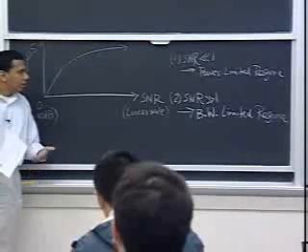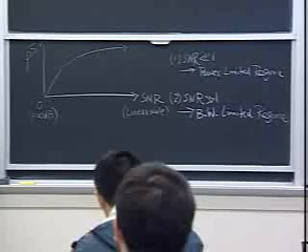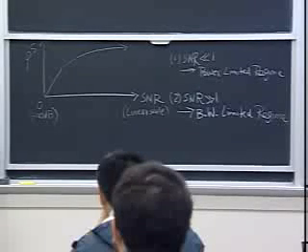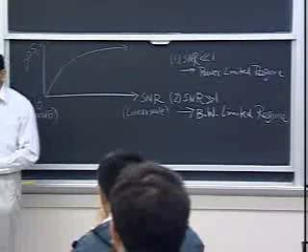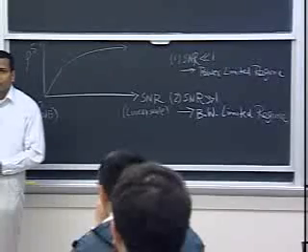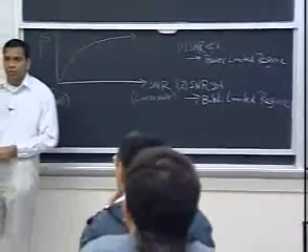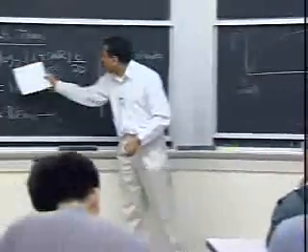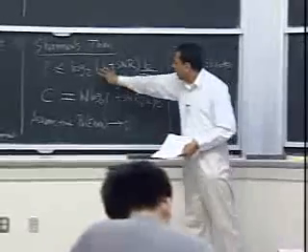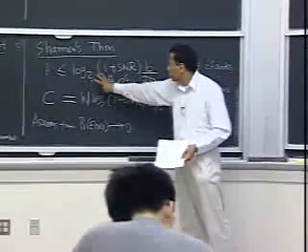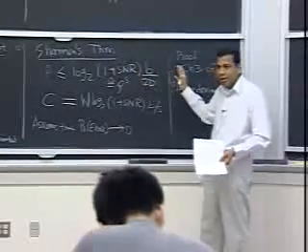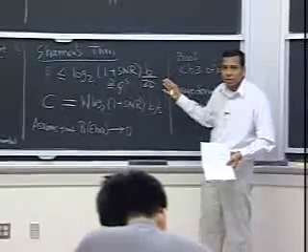If SNR increases by 3 dB, how does rho Shannon increase? It increases by 1 bit per 2 dimensions. The units of rho are bits per 2 dimensions. I have a logarithmic behavior kicking in, so rho is approximately log SNR. If I increase SNR by a factor of 2, I get an additional 1 bit per 2 dimensions gain.